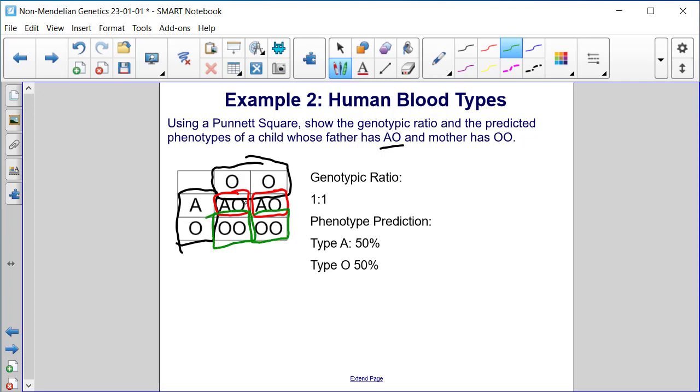So we have two genotypes here that occur in a 1-to-1 ratio, AO to OO. What about the phenotypes? Well, those that are dominant in A are type A, that's 50% of them. And the one that has two recessive alleles is type O. So 50% type A and 50% type O.